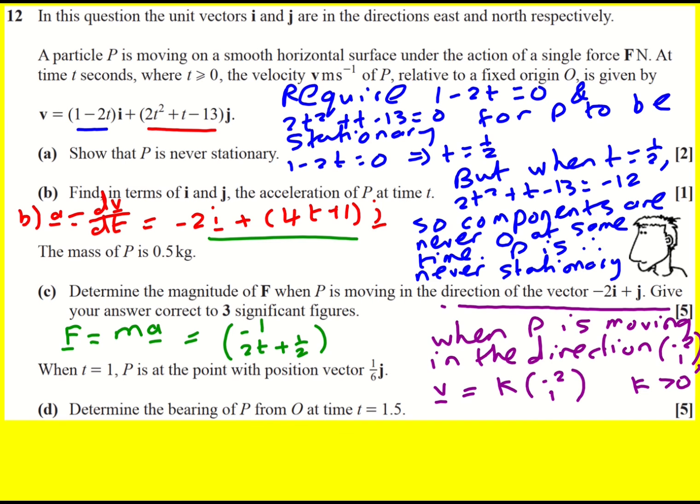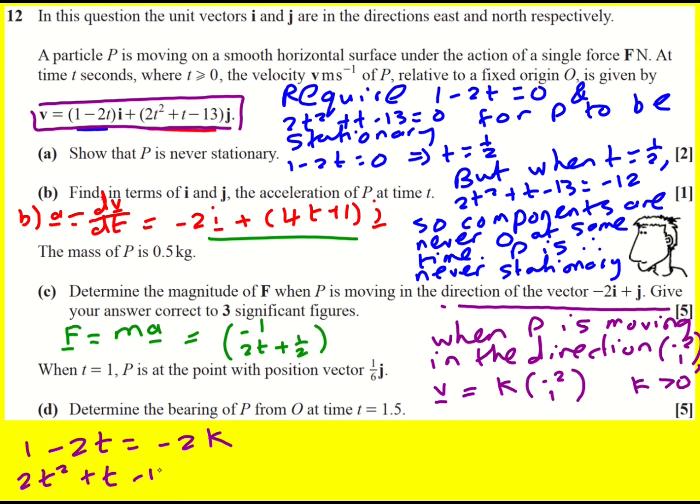You wouldn't specify it as minus 2, 1, but that's not going to be a big deal. I can take, therefore, my velocity here, and I can say that 1 minus 2t is going to equal minus 2k, and 2t squared plus t minus 13 is going to equal just k.